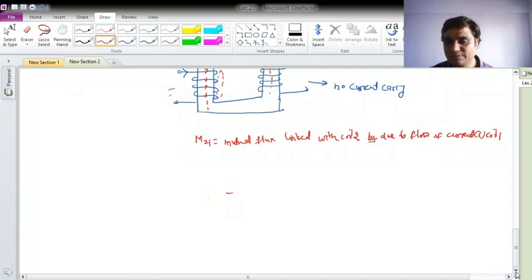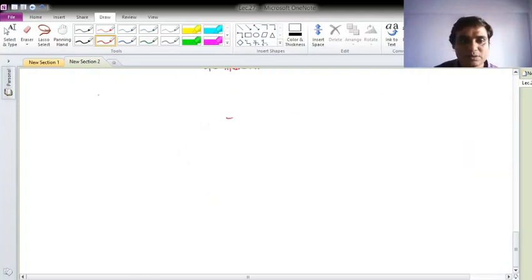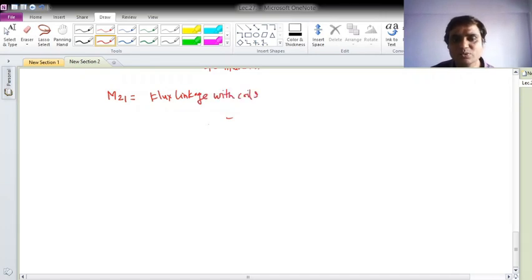To find out how much mutual flux has been linked with coil 2, M21 is the mutual flux linked with coil 2 due to the flow of current in coil 1, which can be defined as the flux linkage with coil 2 divided by the current I1.